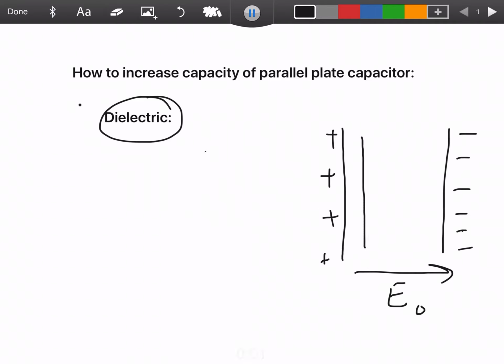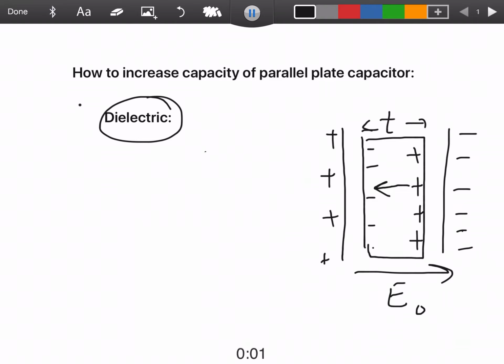And now we are placing a dielectric slab of thickness T between these two plates, and surface charge gets induced in this dielectric slab. Now, when this surface charge gets induced, there will be some electric field produced in this dielectric. Let this dielectric material have electric field ED. This is produced due to charges induced on its surfaces.